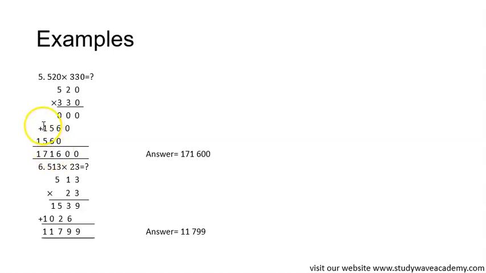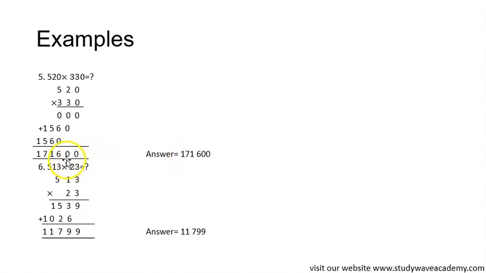You write down 1 and carry 1. 1 plus 5 is 6, plus the 1 you carried over is 7. So you write down 7, and we have 1 here, we write 1. So our answer is 171,600. Okay? So when you multiply 520 times 330, your answer is going to be 171,600. Do we understand that?